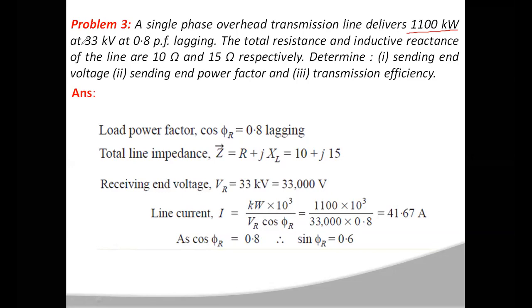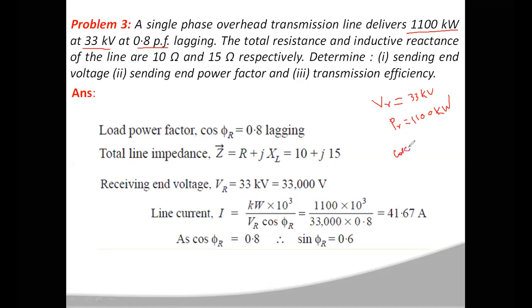1100 kilowatts at 33 kV and power factor is 0.8 lagging, right? So the receiving end voltage VR value is 33 kV. And the power at the receiving end, PR, is equal to 1100 kilowatts, and the power factor is also given for the receiving end.